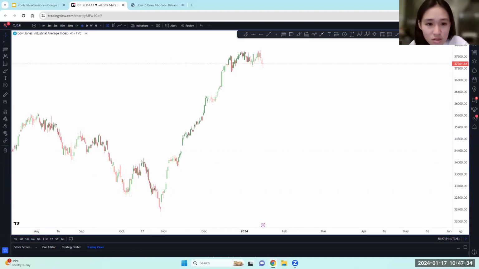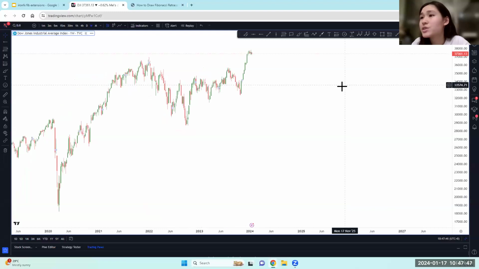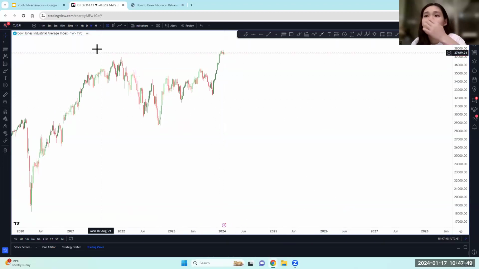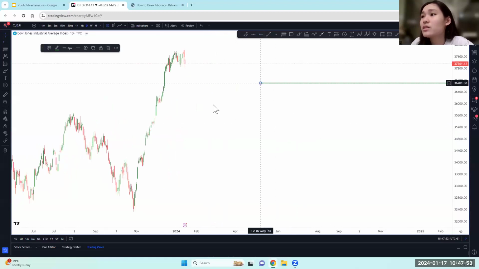Okay, let's look at Dow Jones. Same thing, we're going to look at the higher time frames first. It's pretty bullish on our weekly time frame, and on our daily time frame as well.